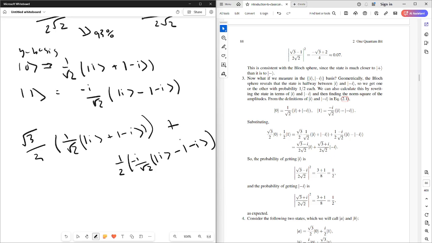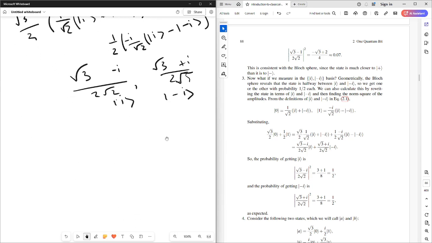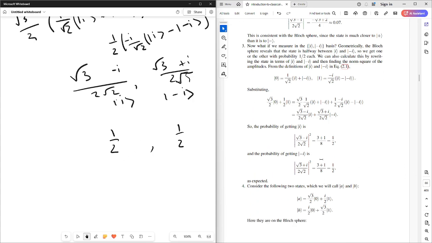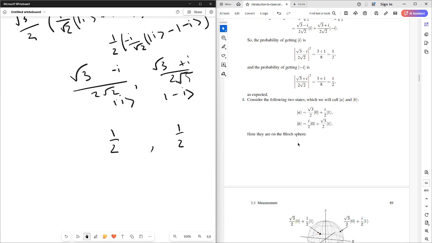Similar thing, distribute, group like terms, and we wind up with (square root of 3 minus i) over 2 square roots of 2, and (square root of 3 plus i) over 2 square roots of 2 as the amplitudes for i and minus i. We assess those, taking the norm squares, and we get 1/2 and 1/2. Beautiful.